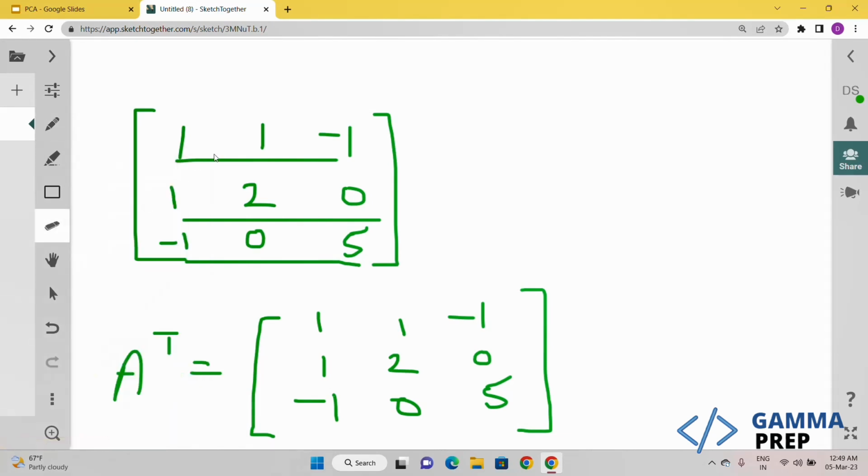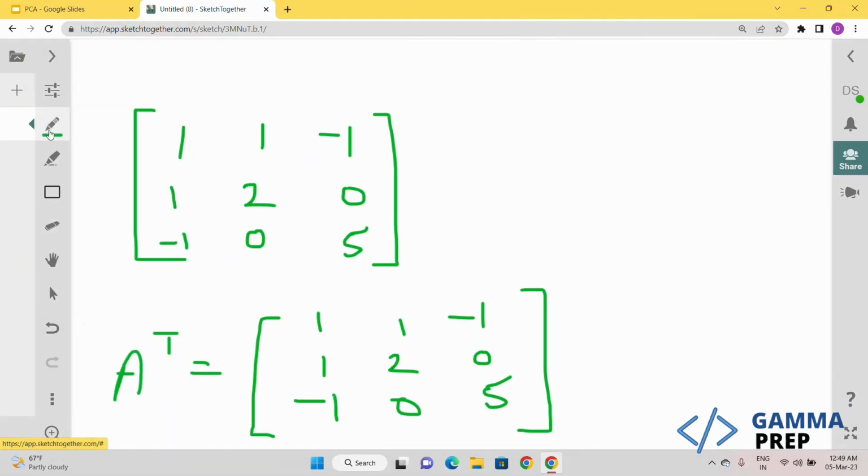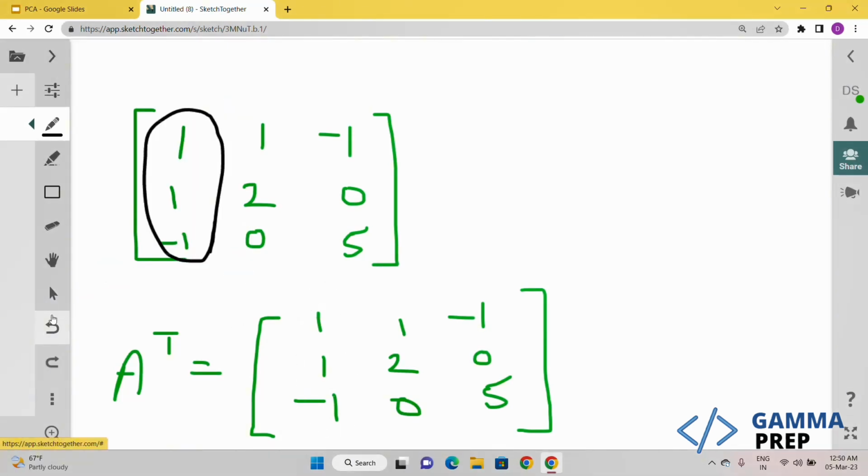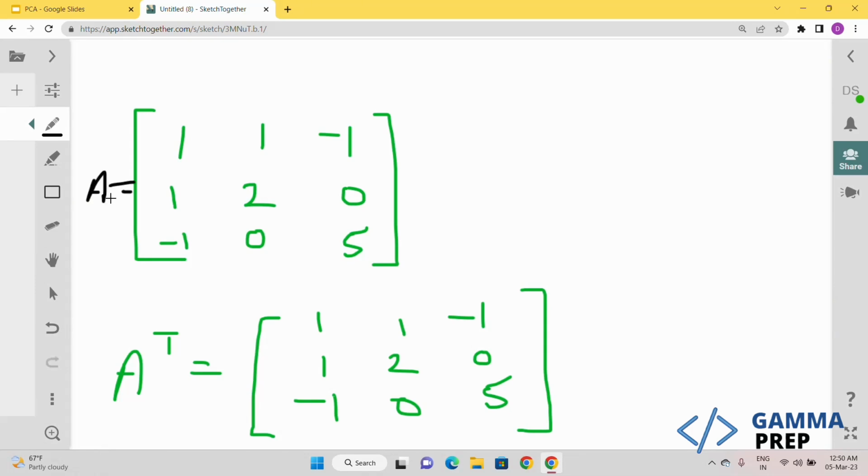Now if you compare the columns and the rows, doesn't it seem similar to A? It's exactly the same as A, right? So A is equal to A transpose. When you have a matrix of this format where A is equal to A transpose, that is called a symmetric matrix.